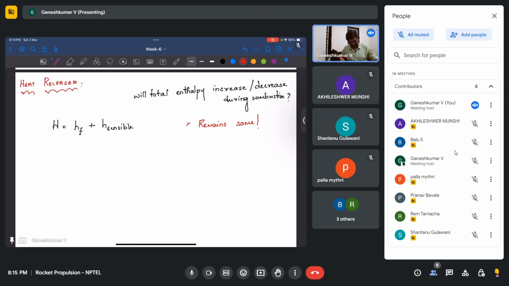So we have one answer: remains the same. Any other answer? In my opinion, it must increase. I think my answer is it should increase as a result of the chemical reaction. Okay, we have increase. Any other answer?